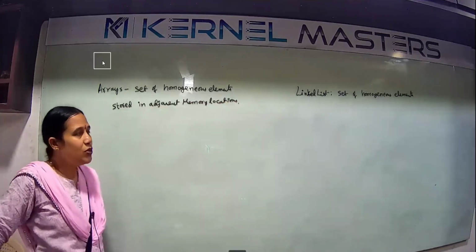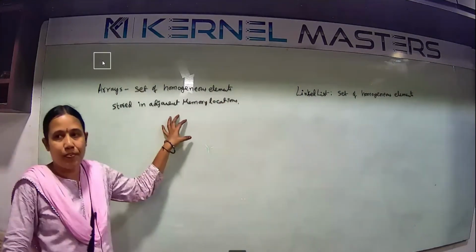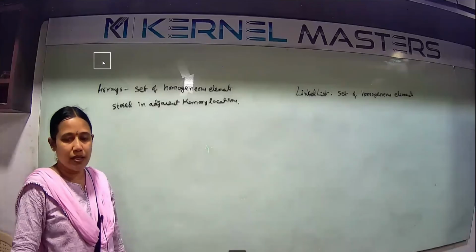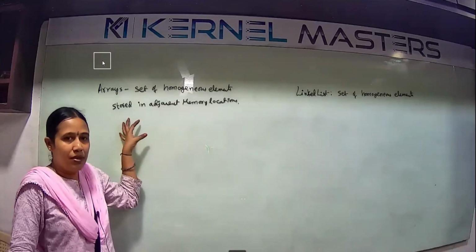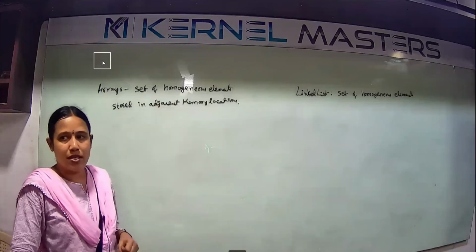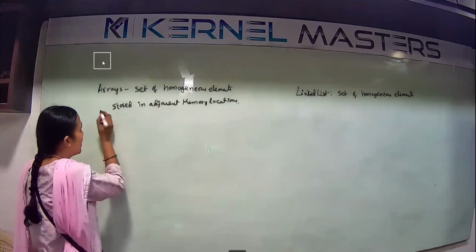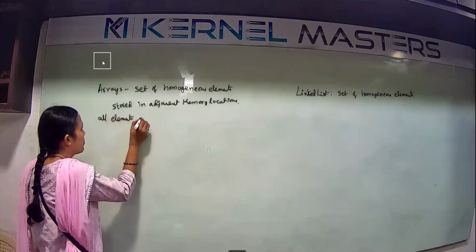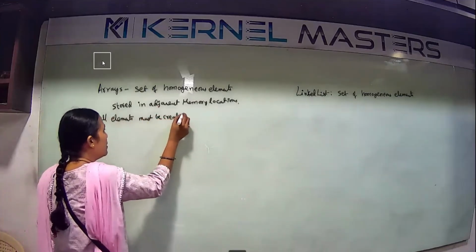So when you want to store something in adjacent memory locations, you have to create all of them together. It is necessary that all the elements are created at a time, because otherwise you won't get the same space again. That is why all of them must be created together, one time.